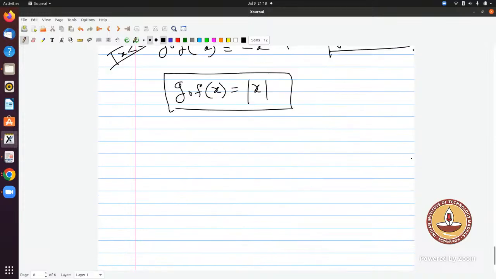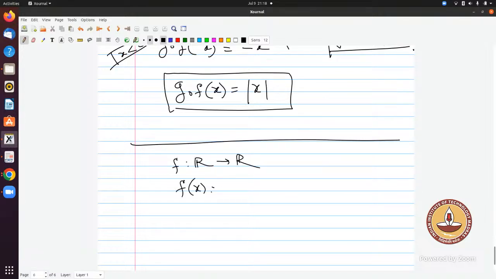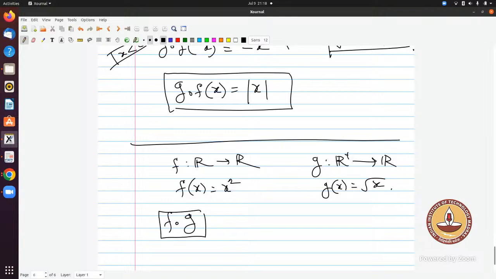For the same functions, if I do f compose g, can you tell me what that is? Same functions, R to R. So f of x is x square, and g is from R plus to R, g of x is root x. Now I want f compose g. This is what I want to find.